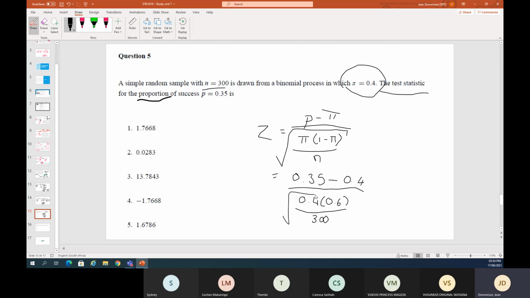Before we go on with the calculation, what do you see with what I've got here? Anything that you pick up in this part?